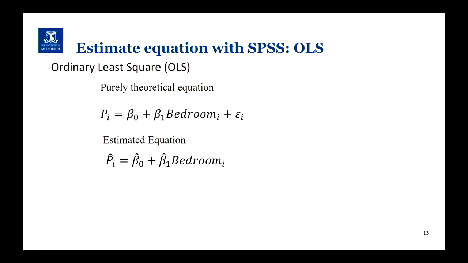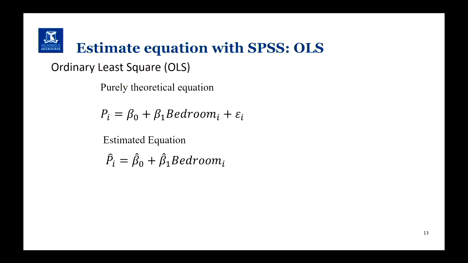Okay, in our example we have 236 samples or observations. Therefore i equals 1, 2, 3, 4 and up to 236.